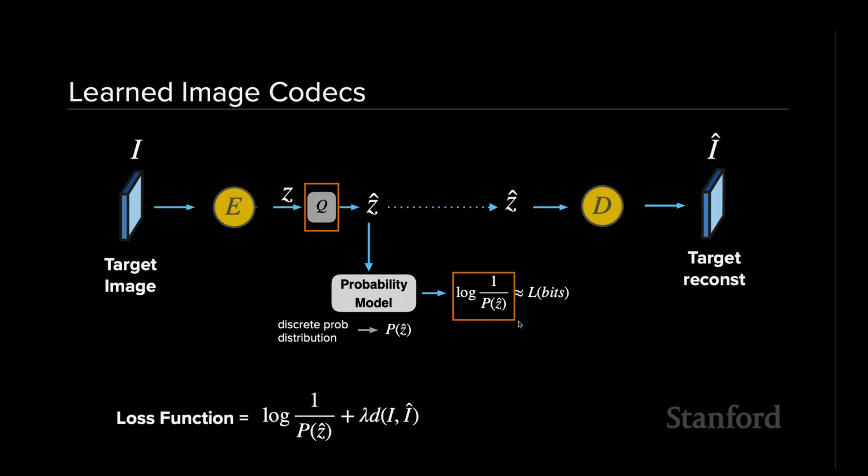But the other issue is also how do you take gradients across your log 1 over probability of z hat? This is discrete, right? This is what you were entropy coding losslessly. So both of these layers, you can't backpropagate through. That basically stops you from learning end to end.